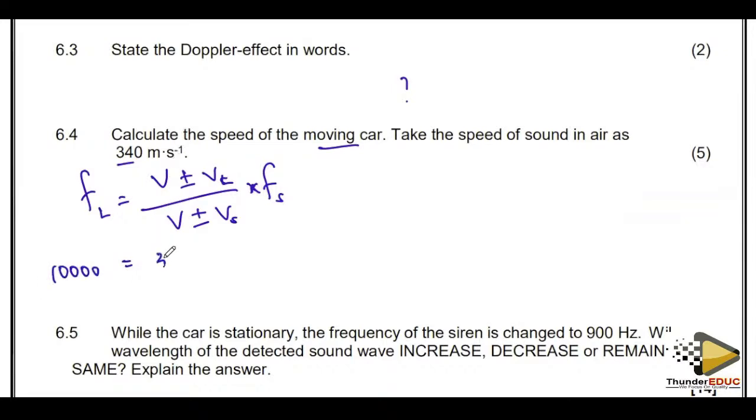And this is the 340 V. Since it's moving up and down, the top part is going to increase. So I'm plussing the velocity of the learner, who is 0, over the 340 minus the velocity of the source, times the fs, which they gave us as 800.